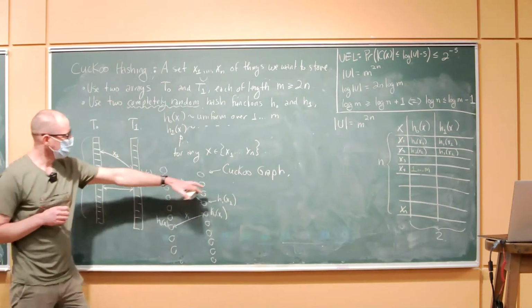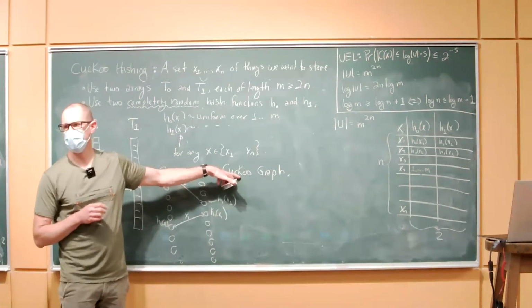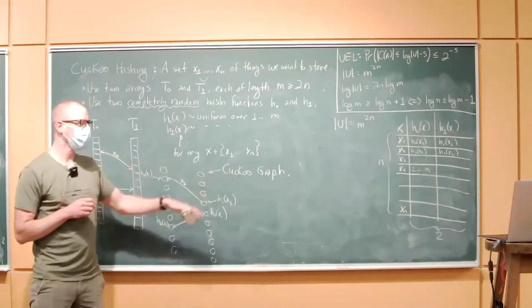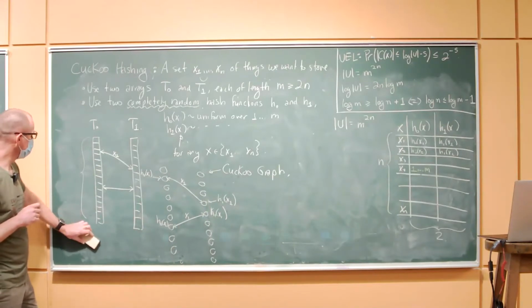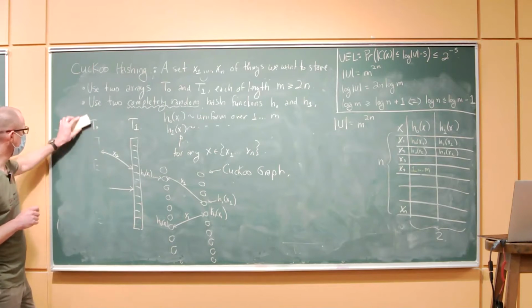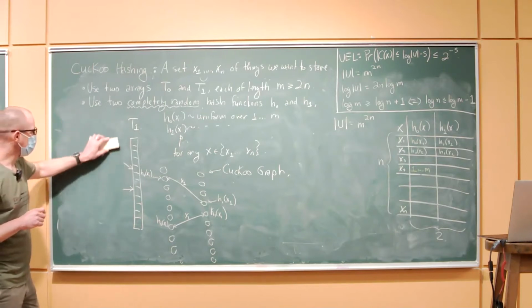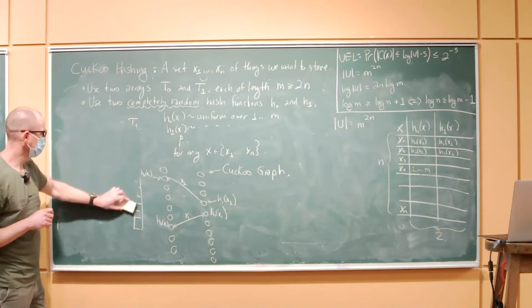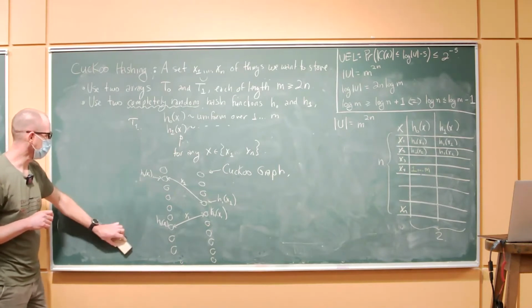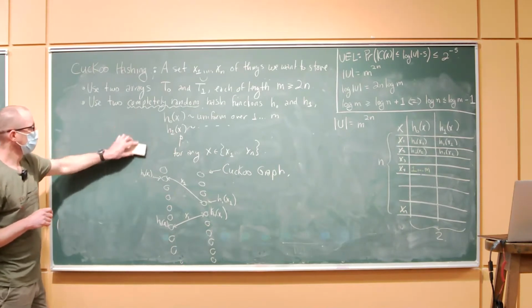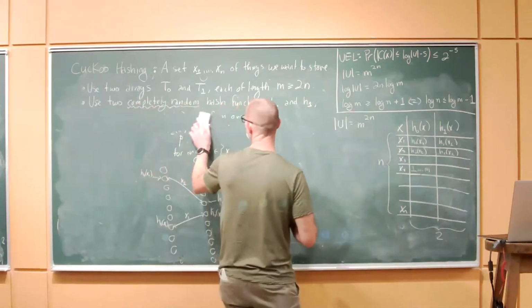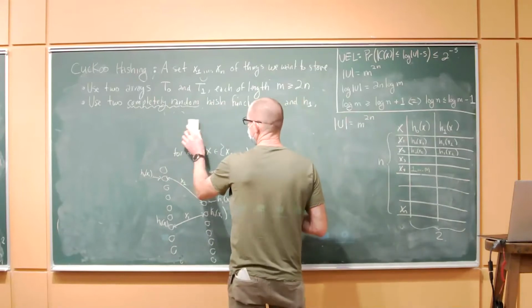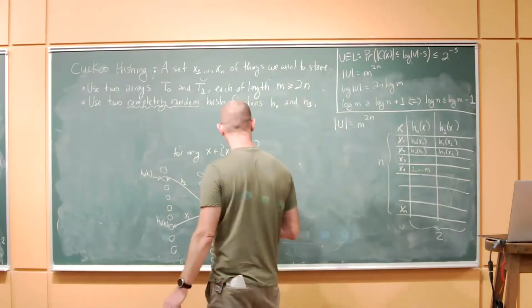And where the name Cuckoo comes from will become apparent in a little bit. So I think the best place for us to start is by considering some properties of the Cuckoo graph, proving some things about this Cuckoo graph.